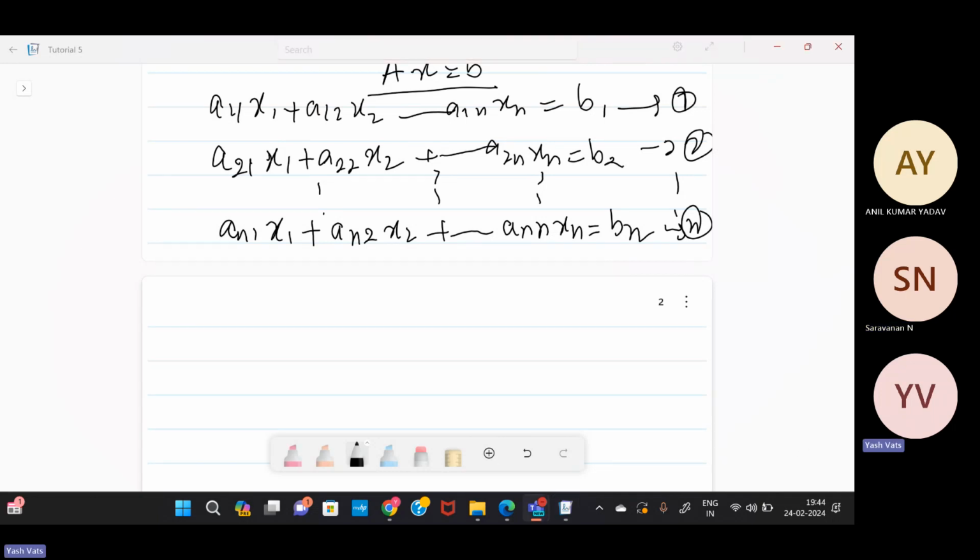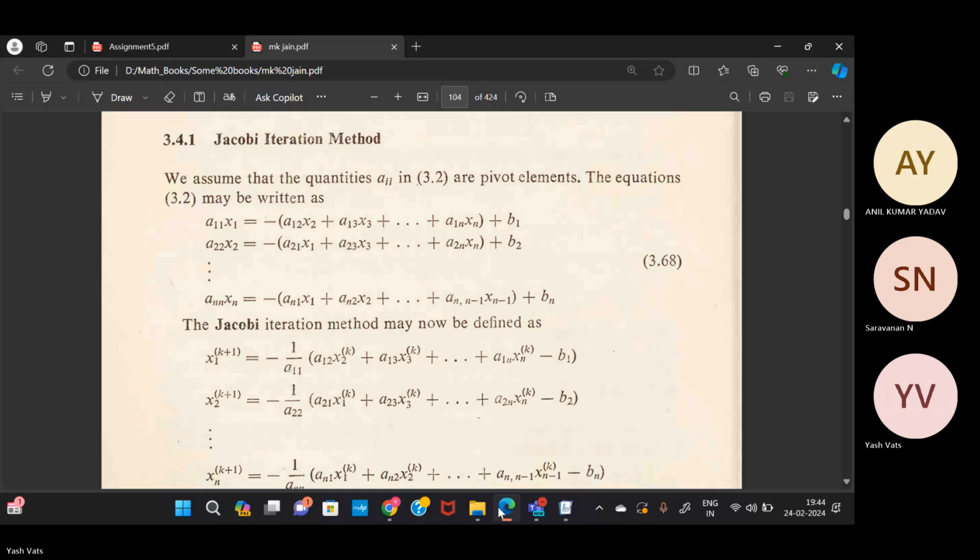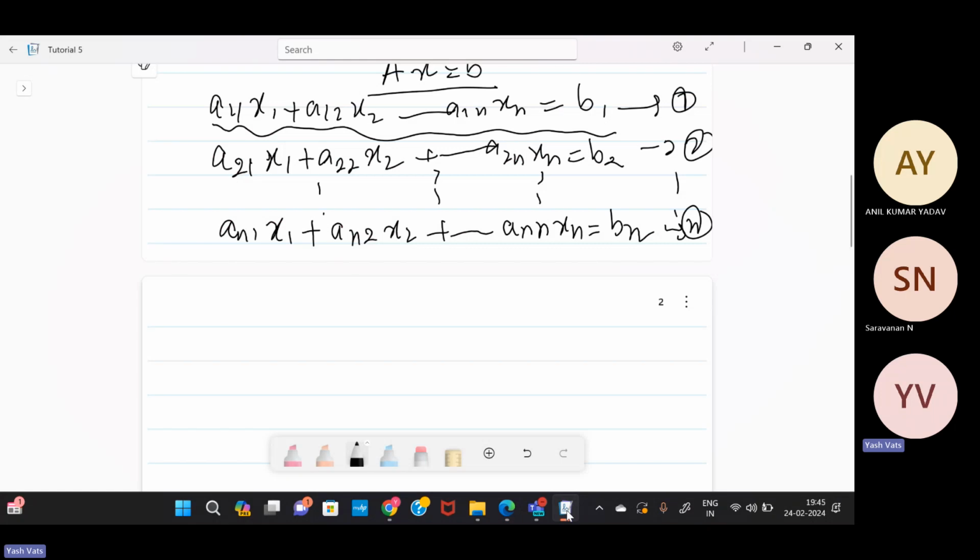Okay. So you can find the value of x1 from this equation, right? Like this, I will show you. From this, I don't need to write anything. A11 x1 is written this way. Do you understand how these equations are coming? Just directly substituting, finding the value of A11 x1 and shifting the rest to the right hand side.